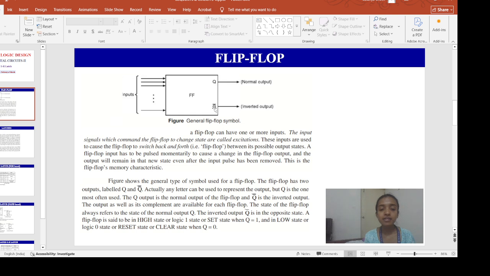A flip-flop is said to be in the high state or logic 1 state or set state when the normal output Q is 1, and it is said to be in the low state or logic 0 state or reset state or clear state when Q is 0.